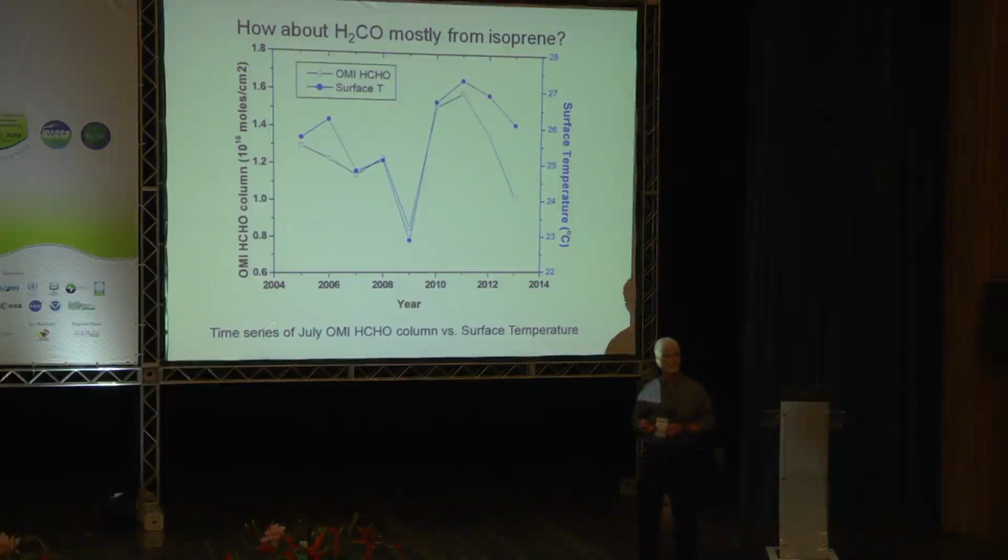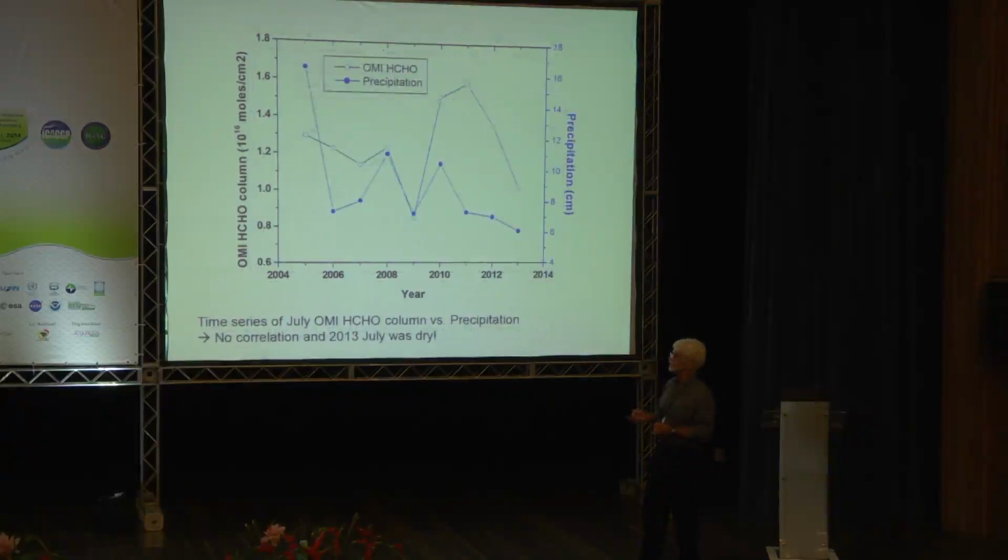There are very complicated models for predicting isoprene emissions. They have relationships with temperature and soil moisture and photosynthetically active radiation and so on, but temperature is always the most important. Precipitation is shown on here with formaldehyde, and there is possibly some correlation. There is some influence that we think we can explain.